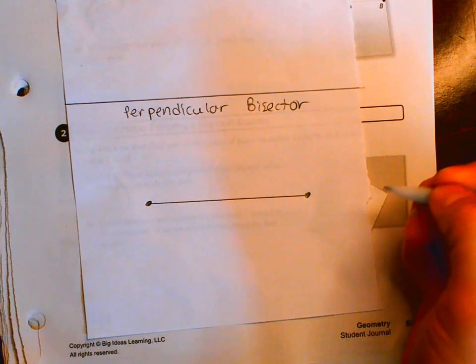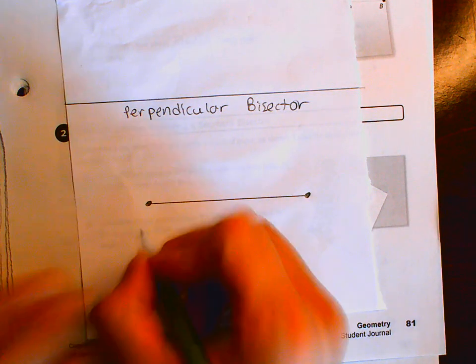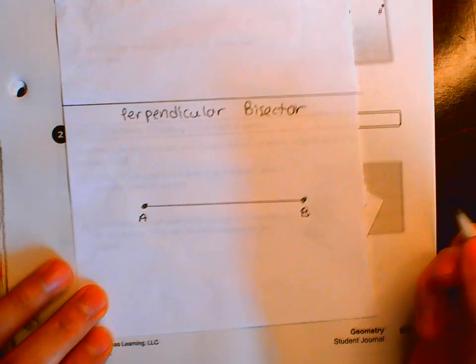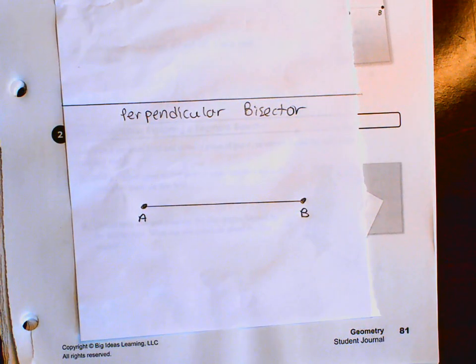Here's your segment, and I'm going to call this segment AB. Now this construction is going to allow me to find the midpoint and to draw a line that is going to be perpendicular to AB and going through the midpoint.